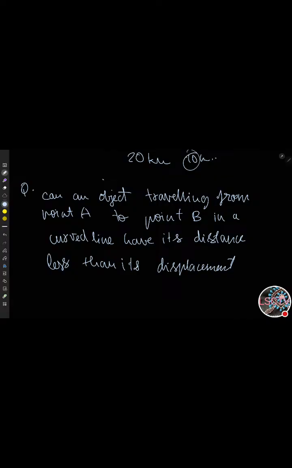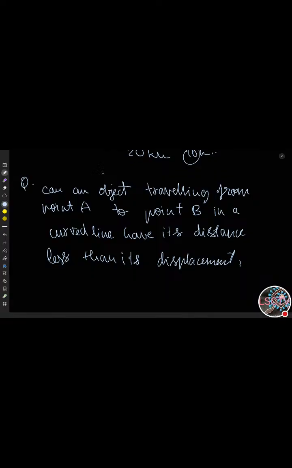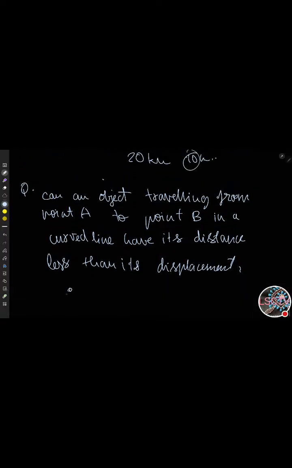Yeah, I am 9. Yes, I am 9. So, can an object traveling from point A to point B have its distance less than its displacement in a curved line? Let me tell you, this is point A, this is point B. This is the way it's traveling.